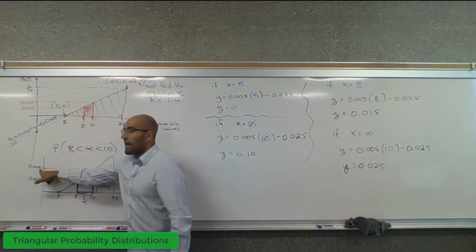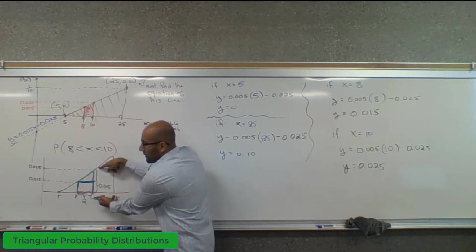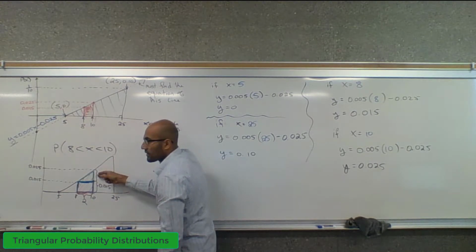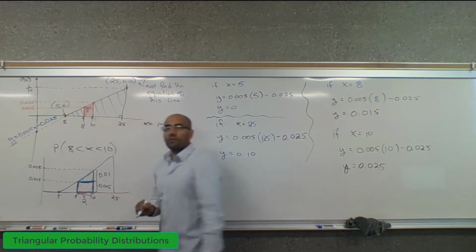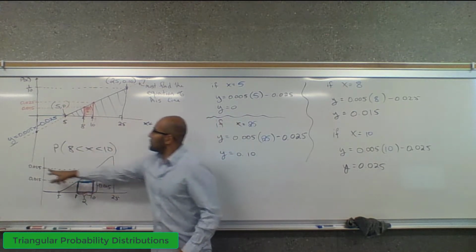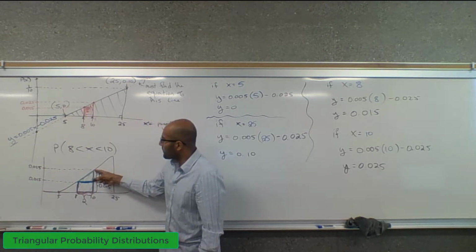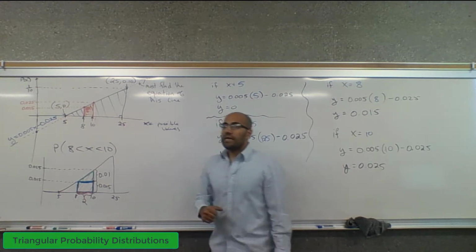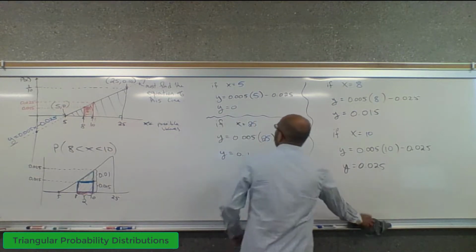People often think it's that, but it's not quite that, because that's the height of the entire thing. So if the entire thing is 0.025, then just this guy here must be 1%, since this is 2.5% and this is 1.5%. And now we have everything we need to find the area of the red, the whole thing.